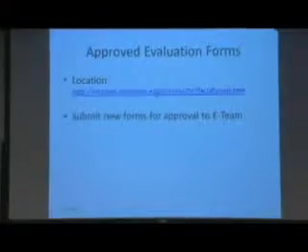Then the FEP team is also tasked with selecting the evaluation forms at its first meeting, deciding which ones of those to use. There is a page of forms that are approved.